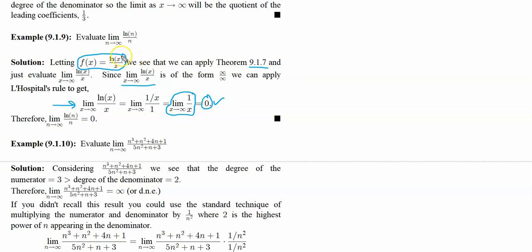Now once again, if you didn't want to replace the n's with x's, that would be perfectly fine. You could apply L'Hopital's rule to this. Just think of the n as being any real number, and then you can apply L'Hopital's rule and write this as the limit. And you see we have the same thing that we have right here, just with the letter n in place of the x.